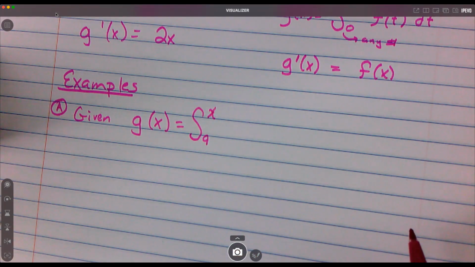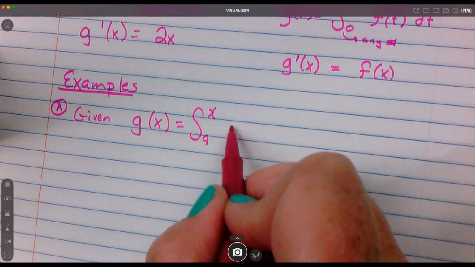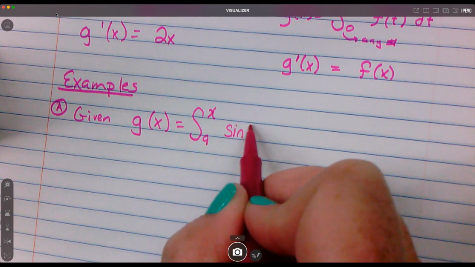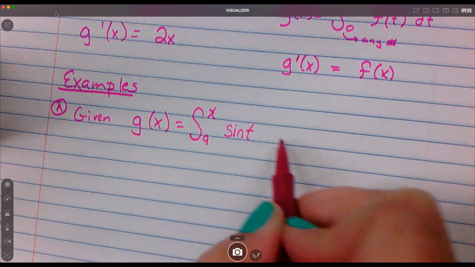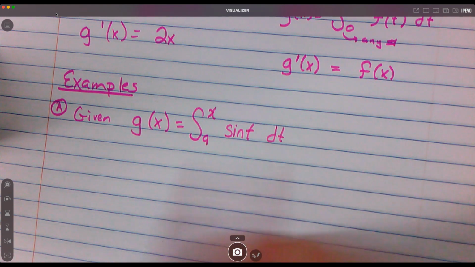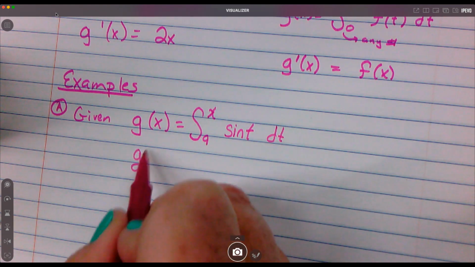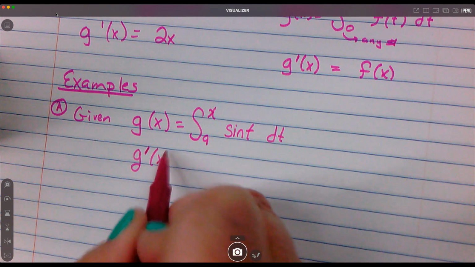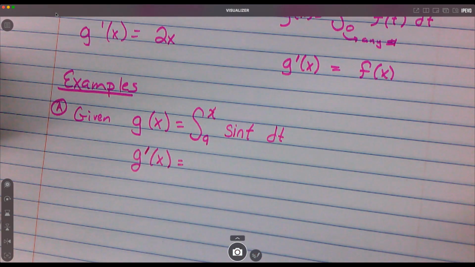That's an x on top, sorry. And let's say the integrand, the inside, is sine t dt. And you're asked to find g prime of x. Please write the answer.